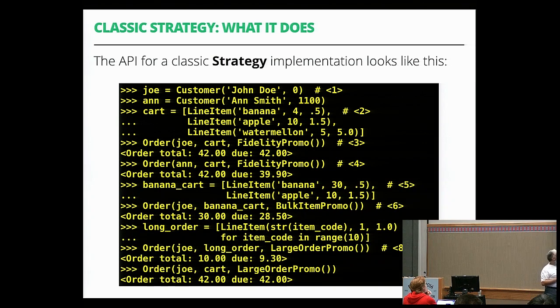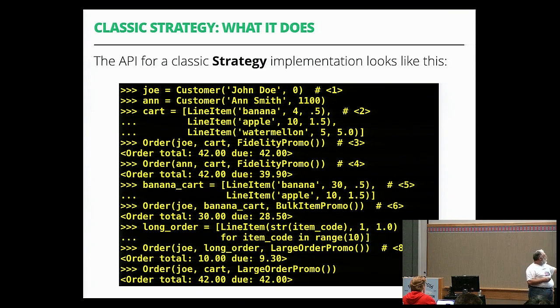Okay, so in this example, Joe doesn't get a discount because we are using the fidelity promo, but Anne gets a discount because she has 1,100 fidelity points, so she qualifies to get a fidelity discount. This is another example. I have a banana cart, which is a cart that has lots of bananas.